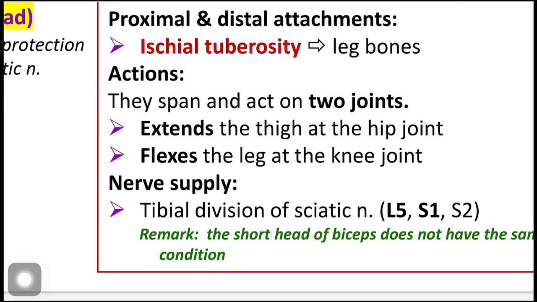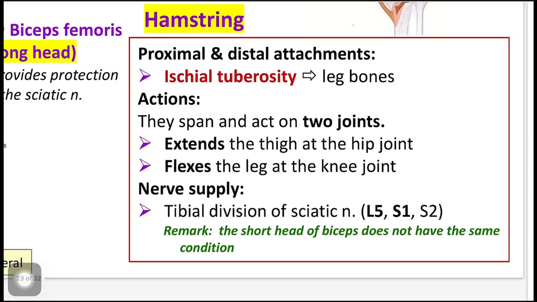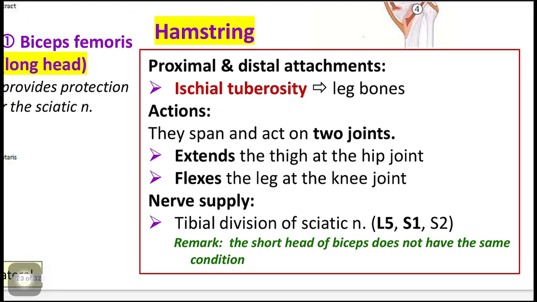And the nerve supply is the tibial division of the sciatic nerve. Remember, yesterday we talked about the sciatic nerve, and at the distal end of this nerve, we divide it into the more medial side, which is the tibial branch, and on the lateral side, we have the common fibular branch. So the hamstring muscle is supplied by the tibial division of the sciatic nerve, okay?